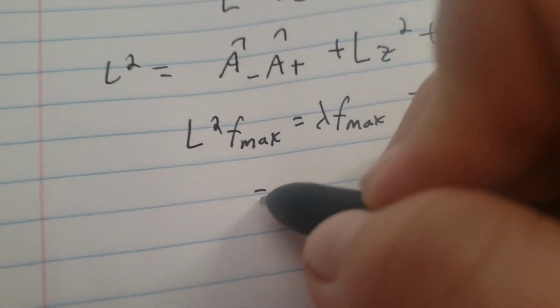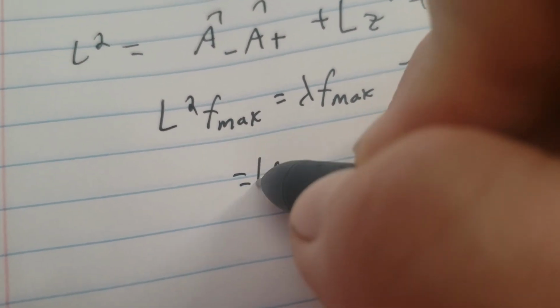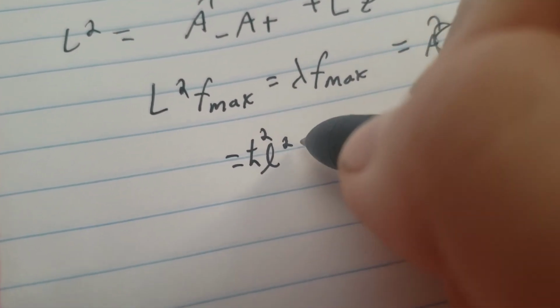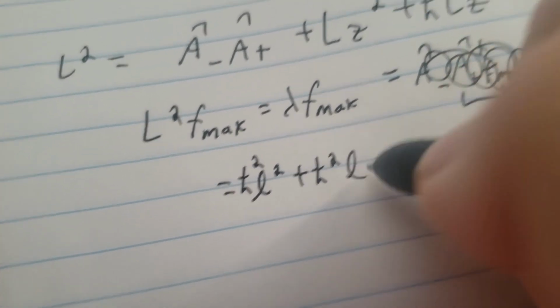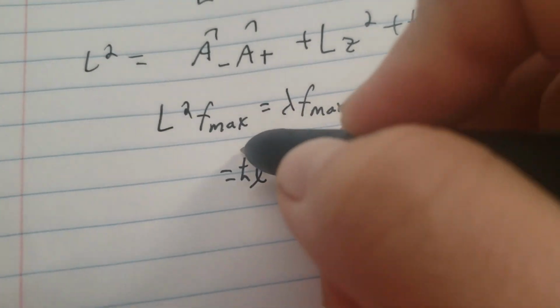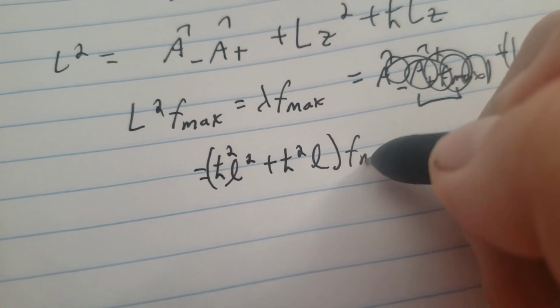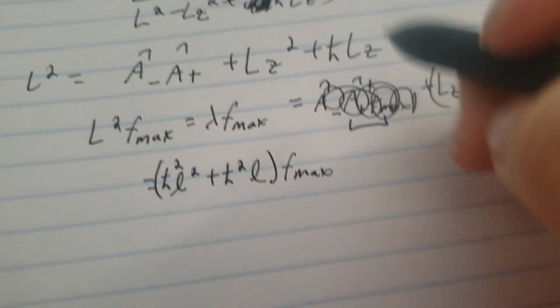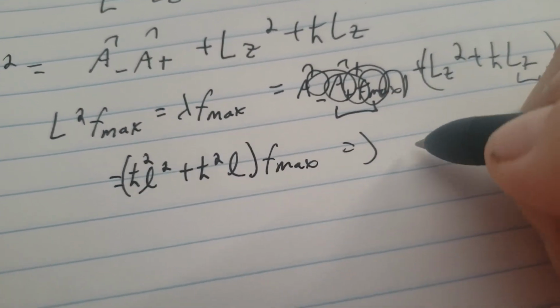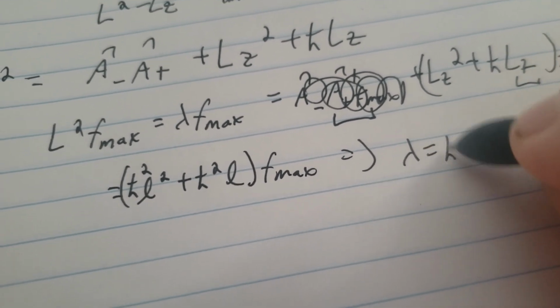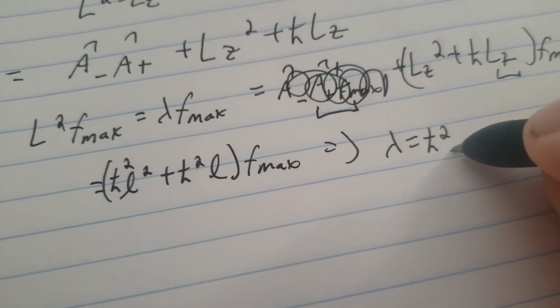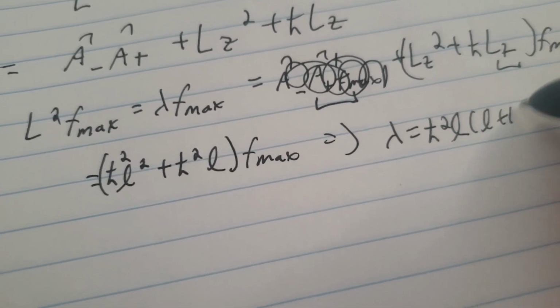So this is just h bar squared l squared plus h bar squared l on f max. And this gives us a constraint: lambda is equal to h bar squared l times l plus 1.